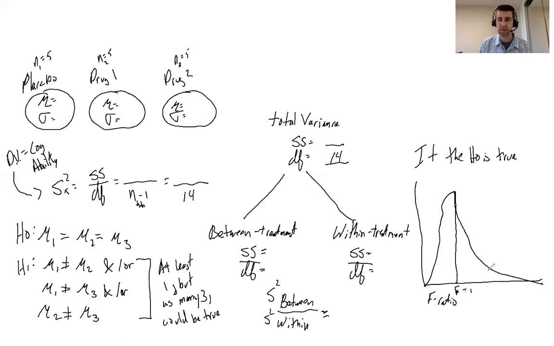Okay, so this is not a rejection region over here, by the way, because this is an F ratio of 0, right? This is actually what explicitly the null hypothesis says. It just happens to be an infrequent event in variances because sampling error is very common, and so it'd be very, very infrequent to get all three population means to be identical to each other. But if you did get an event over here on the left, this is more support, not less, that the null hypothesis is actually true.